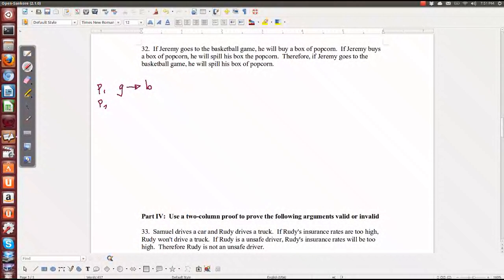My second premise says if he buys a box of popcorn, he will spill his box of popcorn. Therefore, my conclusion, if Jeremy goes to the basketball game, he will spill his box of popcorn.